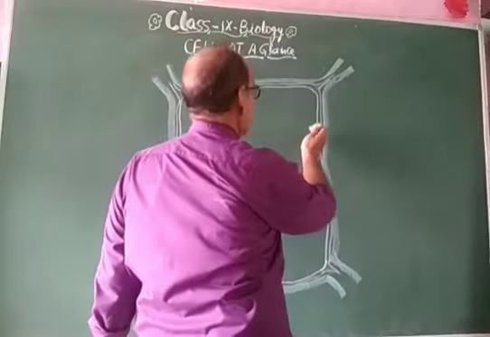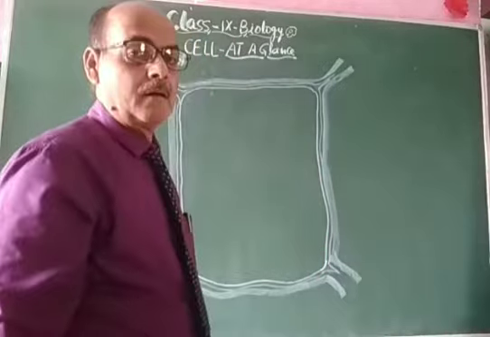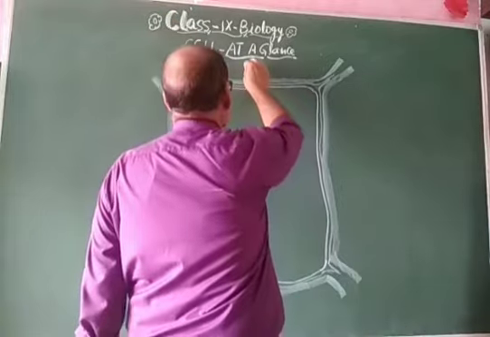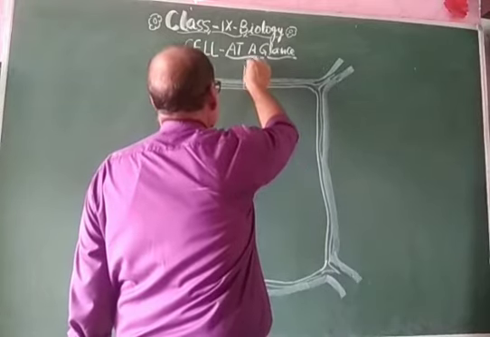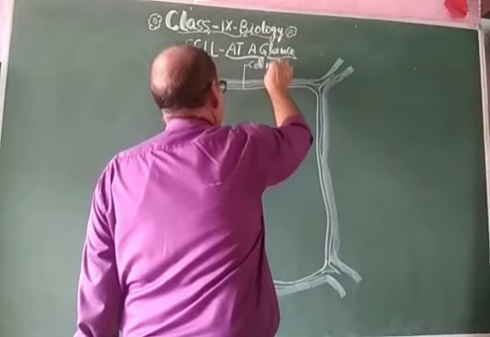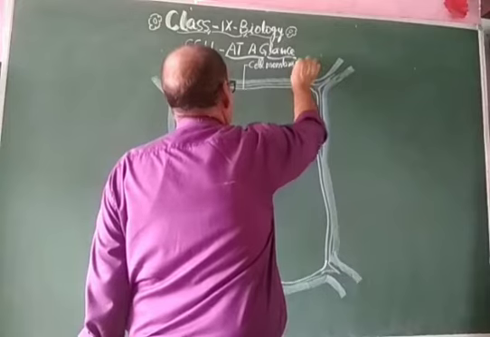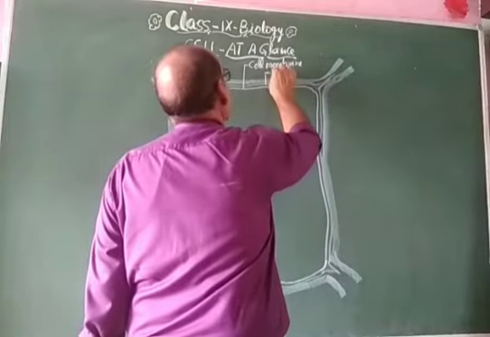And this is the cell membrane, which acts as a semi-permeable membrane. So let us label it. This is the cell membrane. This is the middle lamella.